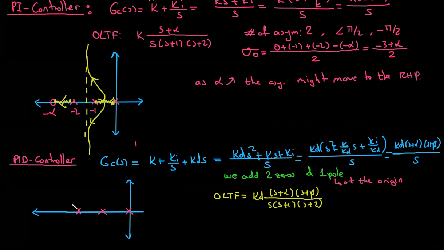One might try to do that. So let's put one of them over here, one of them over there. Let's say this is minus alpha, this is minus beta. And maybe I can also extend this axis a little bit further.